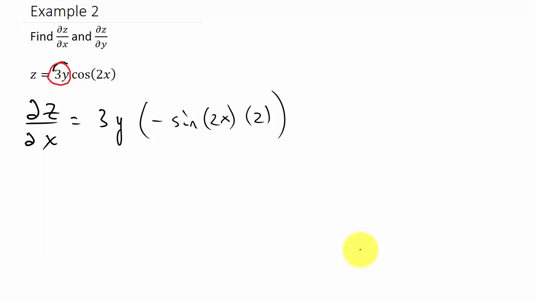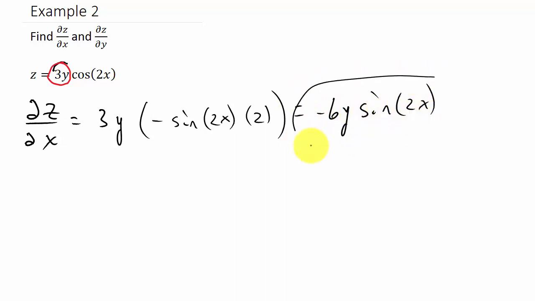For cosine it's negative sine and then times the derivative of what you're taking the cosine of. So that's going to be negative 6y sine 2x, and that would be our answer.